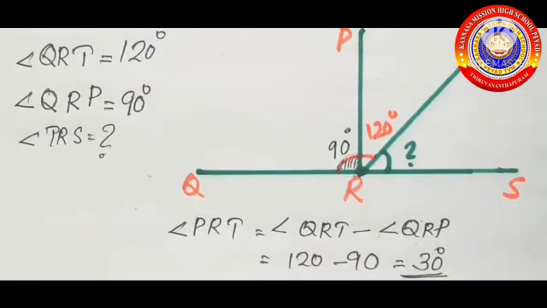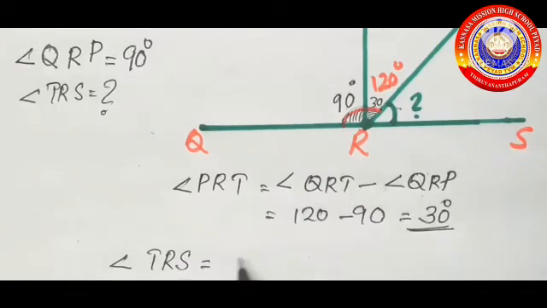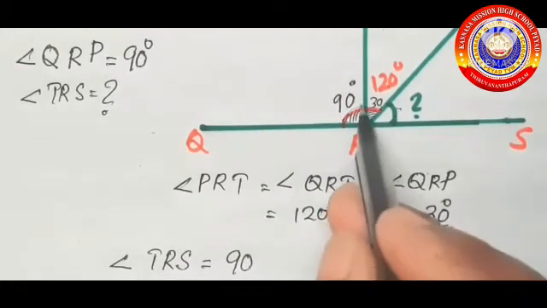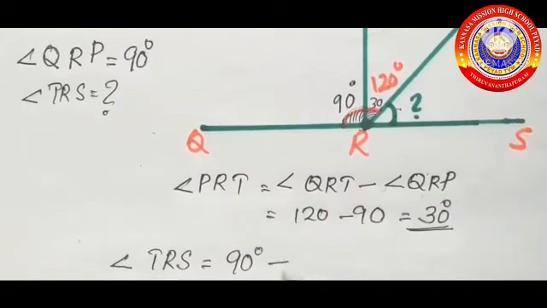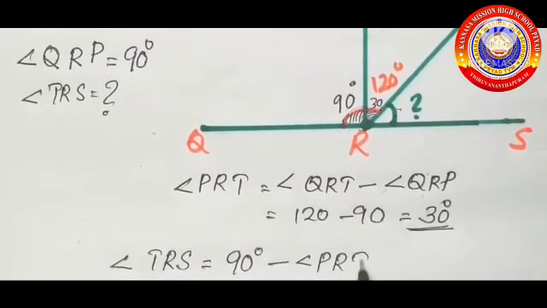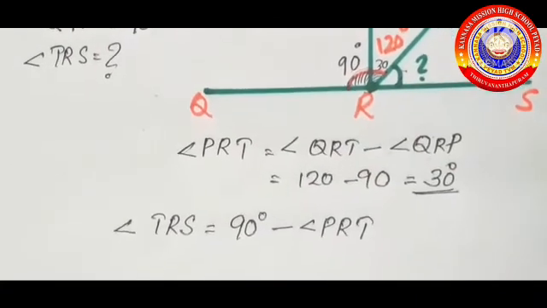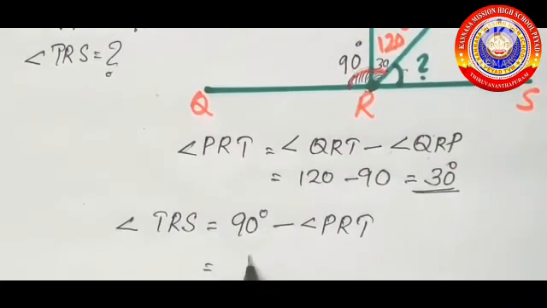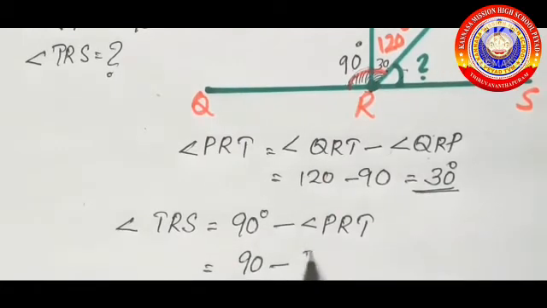Then angle TRS is equal to 90 degrees minus angle PRT, which is 90 minus 30 degrees, which is 60 degrees.